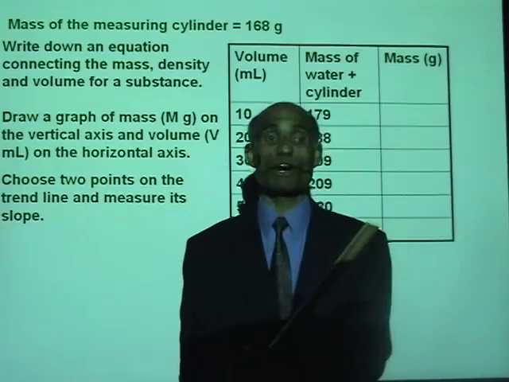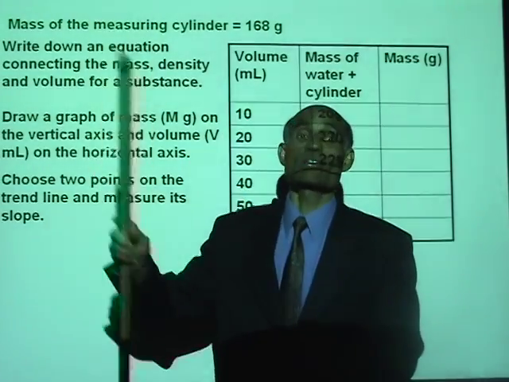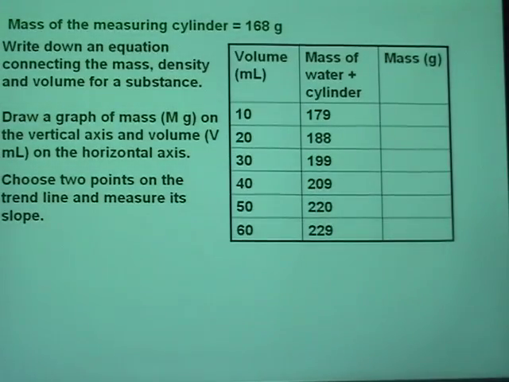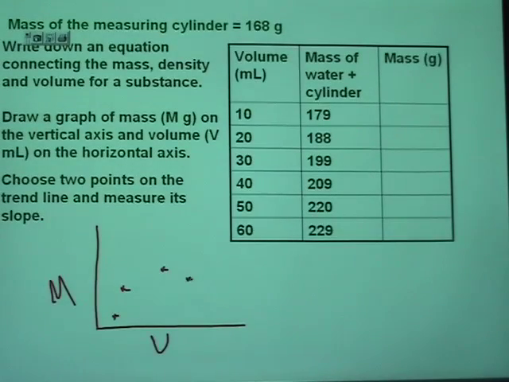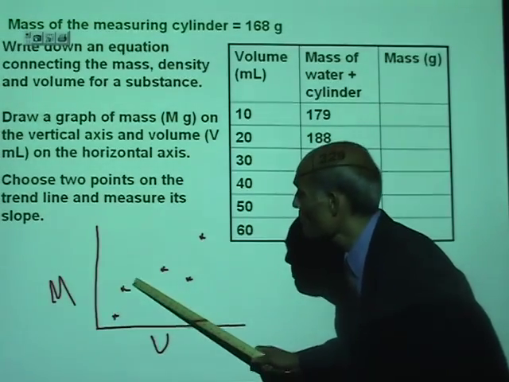Now, please, when you draw a graph, the points may not lie on a straight line. Let me show you. Suppose you get your graph like this. That's your M, that's your V. Your points happen to be like this. Now, do not join the points.